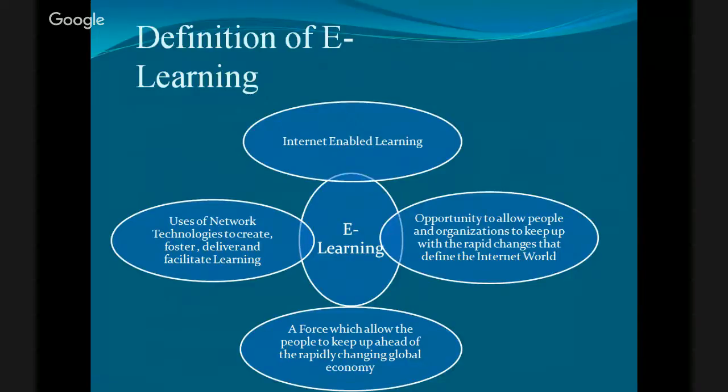It is also defined as a force which allows people to keep ahead of the rapidly changing global economy. That means e-learning consists of network technologies and the opportunity for people to connect over the global network. It is basically internet enabled learning, which means without internet you will be dead. And it is a very strong force which keeps pace with the changing global economy.